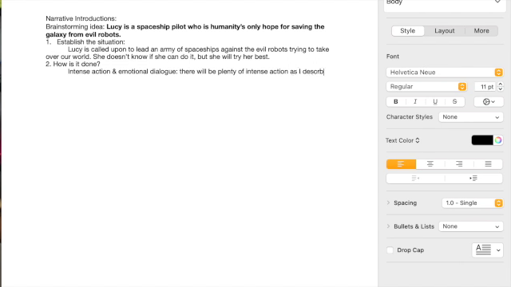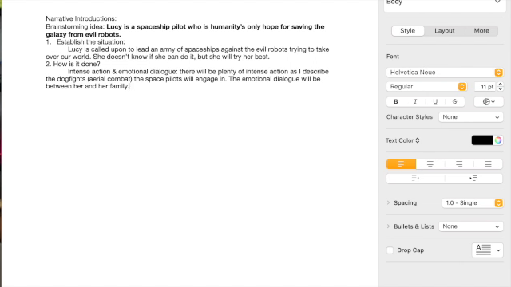As I describe the dogfights, that's a form of aerial combat, the space pilots will engage in. The emotional dialogue will be between her and her family.